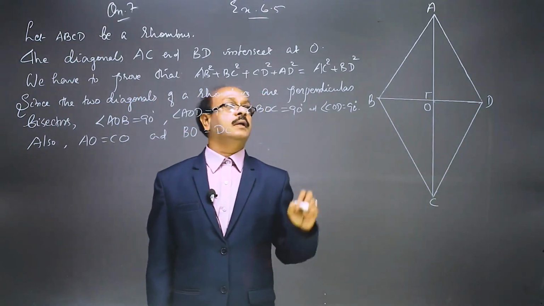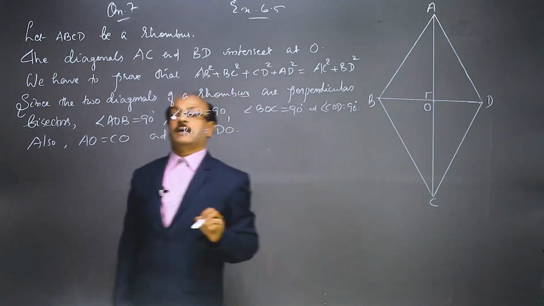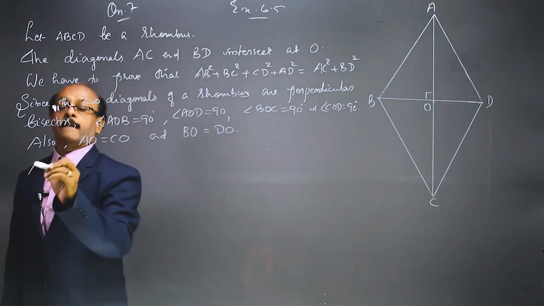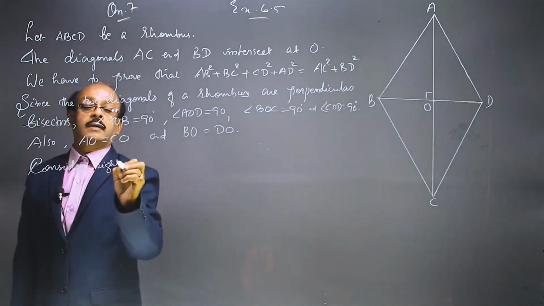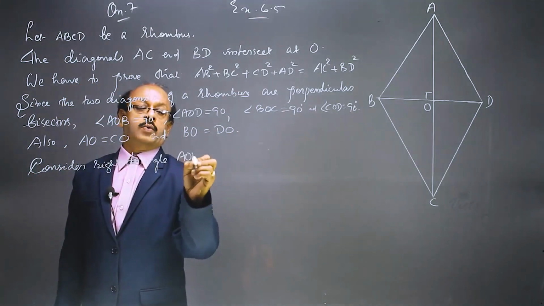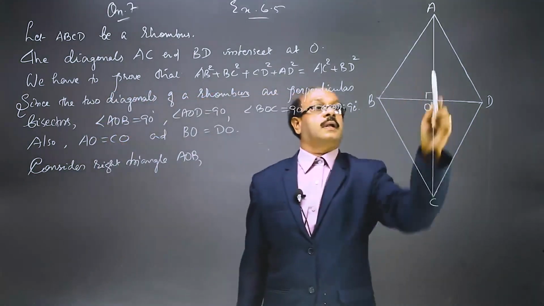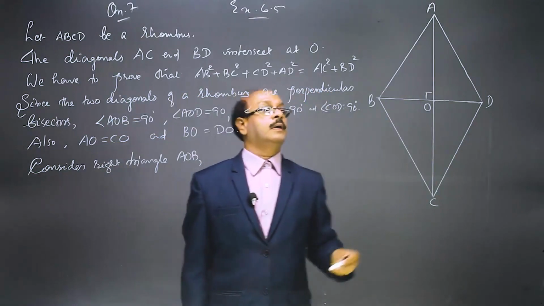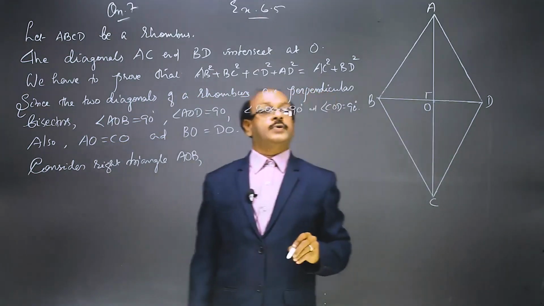Now, consider the right triangle AOB. Here, angle AOB is equal to 90 degrees. Therefore, AB is the hypotenuse.